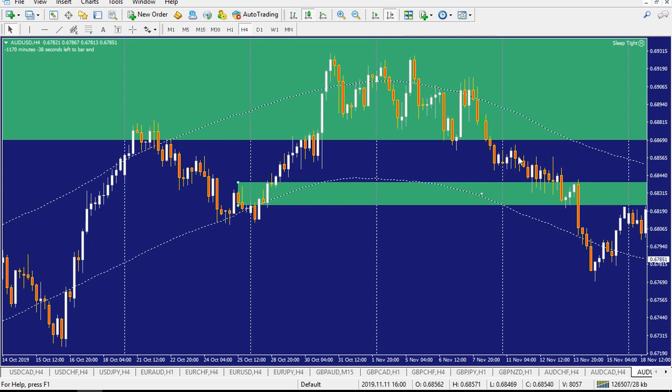That means the market has no way to go through until it crosses this. This is like a stop. This is a seller stop for the buyers. As much as they want to push, they can't.